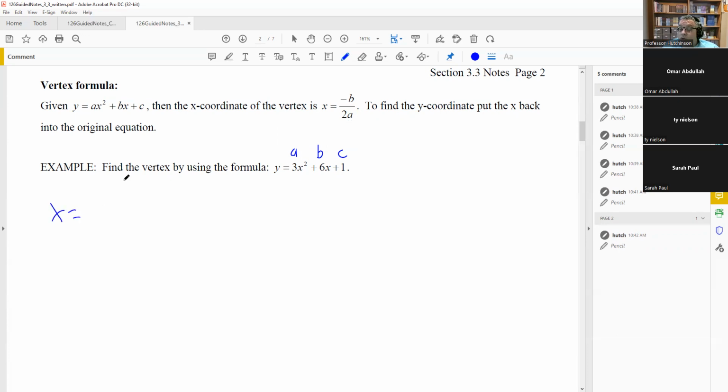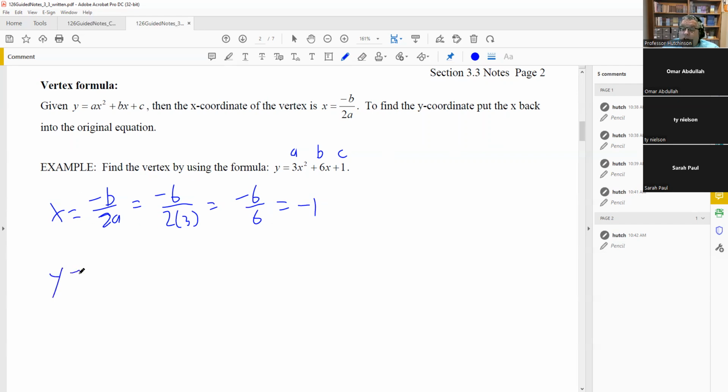So x equals negative b over 2a because we want to find the vertex. That's going to be negative 6 over 2 times 3. So we get negative 6 over 6, which gives you negative 1. So the x value of the vertex is equal to negative 1.